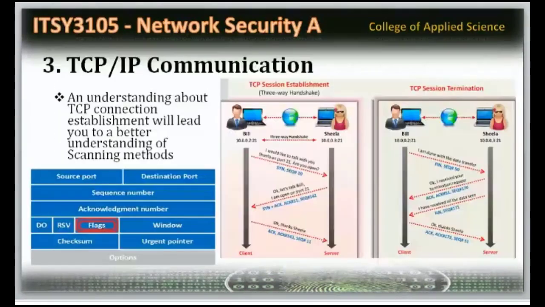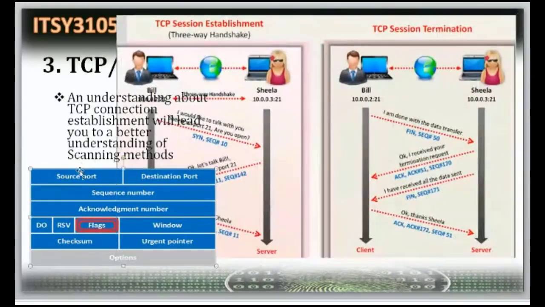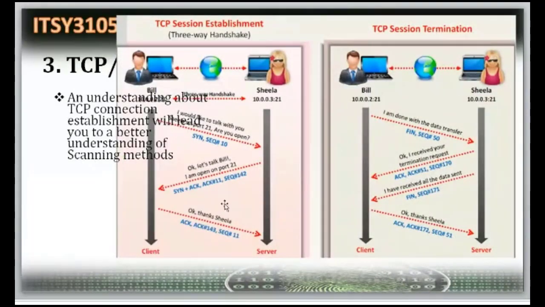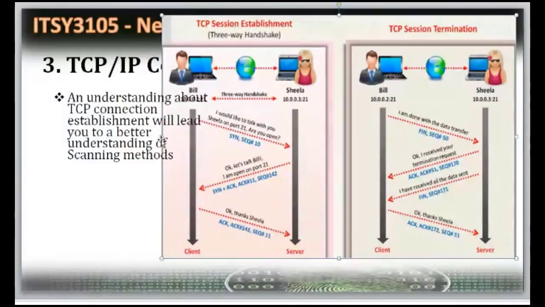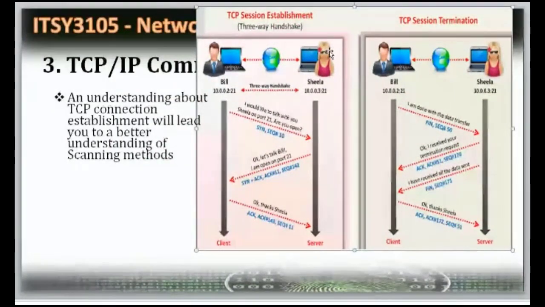Now, you can see this is a TCP communication, the three-way handshake. You might have studied this in the previous courses, in the last semester or before that, in the networking courses. So what does this mean? There are two users available.